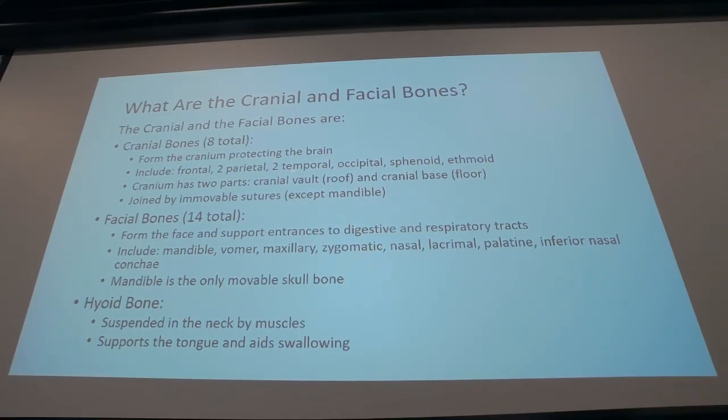And then the cranium will be subdivided into a cranial vault or roof, which is called calvaria, and the cranial base, located around this area, a little bit internal. So that's the cranial floor. And in the adult, each of these bones connects by immovable joints that we call sutures.